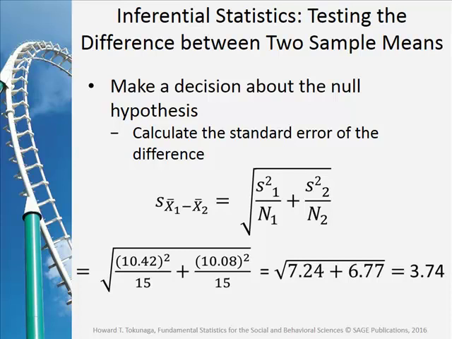So S squared of group 1 are those 15 observations from the people who had intruders. S squared of group 2 are the 15 people who didn't have an intruder. So this is nothing new. This is week 4.